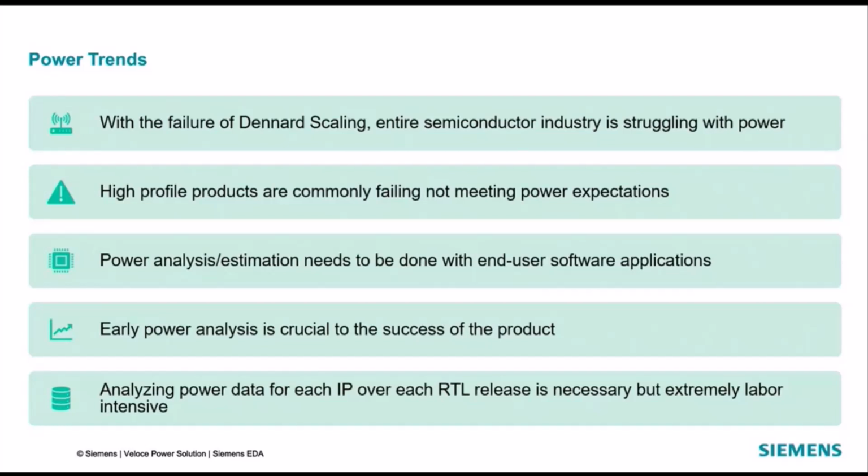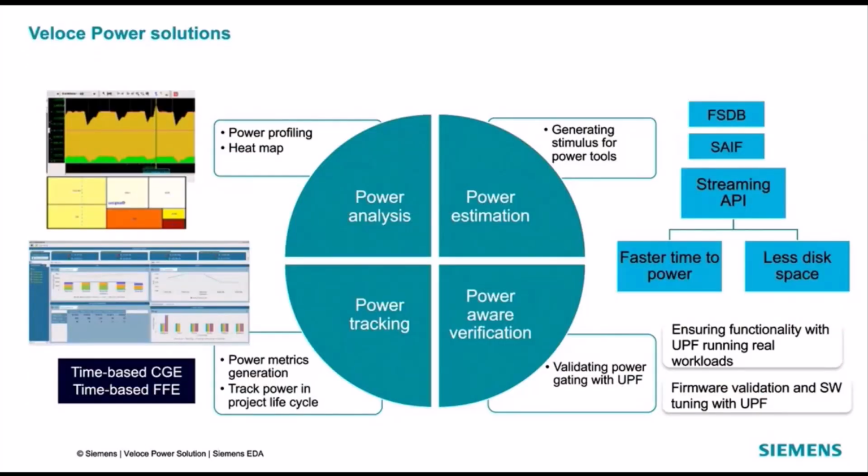Let me first go over the Veloce Power Solution overall slide. So the Veloce Power Solution, by generating many power profiles and heat maps, enables users to perform deep power analysis of their design with various end user software applications.